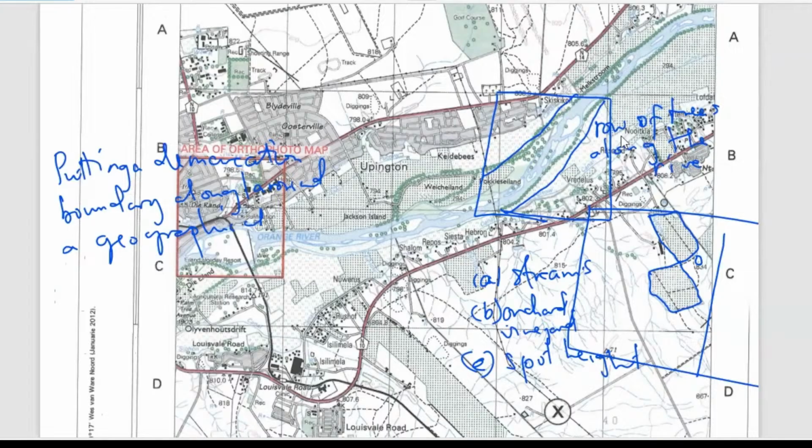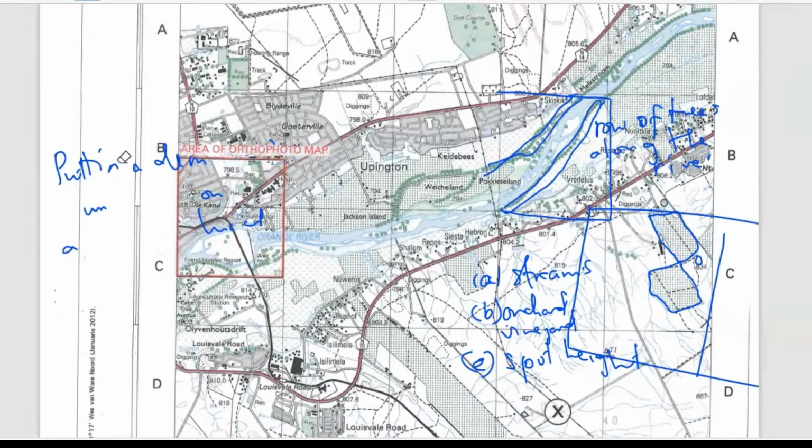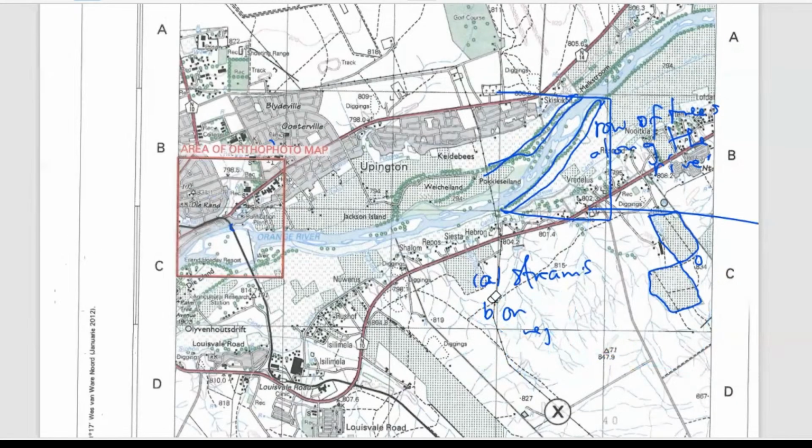If you check on either side, there is a row of trees here along the Orange River, and also a row of trees here along the river, which suggests that they are putting a boundary or demarcation to limit human activities into the river. Those trees mark a boundary along the river channel to ultimately limit human activity and interference of humans in the Orange River. So basically, that was our discussion.